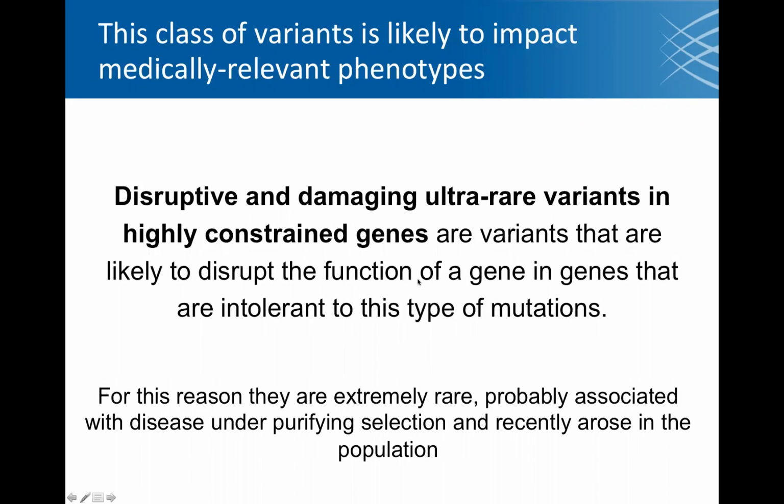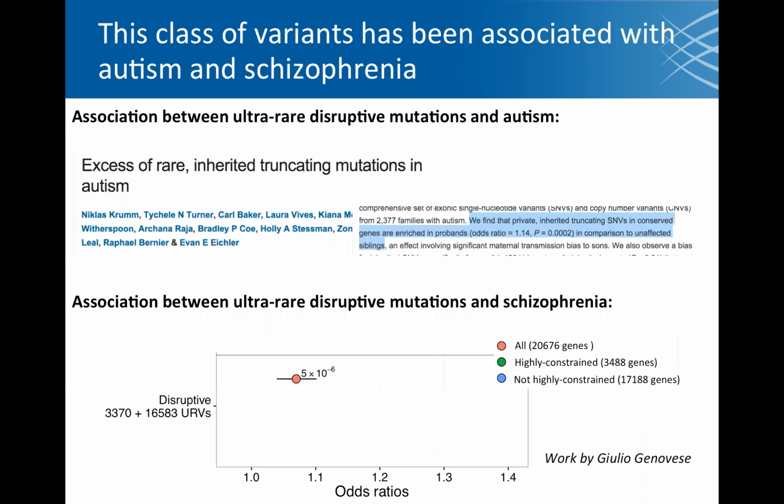So to summarize, disruptive and damaging ultra-rare variants in highly constrained genes are variants that are likely to disrupt the function of the gene in genes that are intolerant to this type of mutation. So really bad mutations, which are likely to be associated with diseases under purifying selection. So it seems a reasonable class of variants to study to reduce, as I mentioned, our searching space.